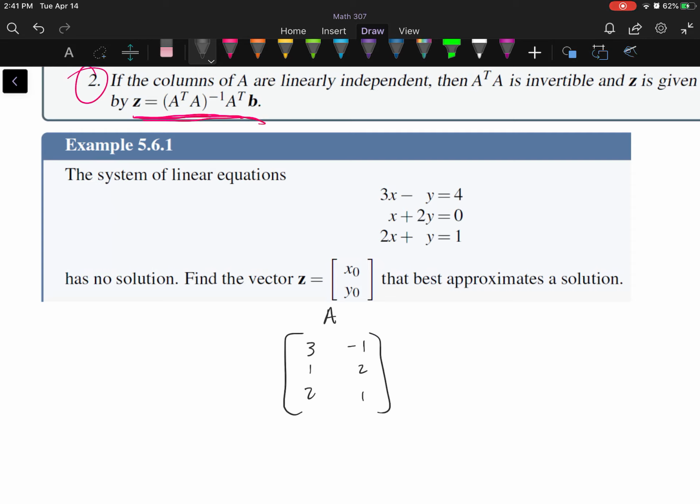I'm just looking at the coefficients of x and y. And then our vector B would be 4, 0, 1.